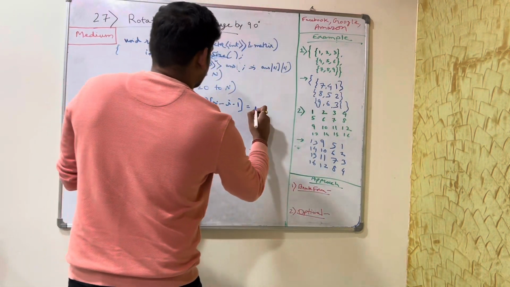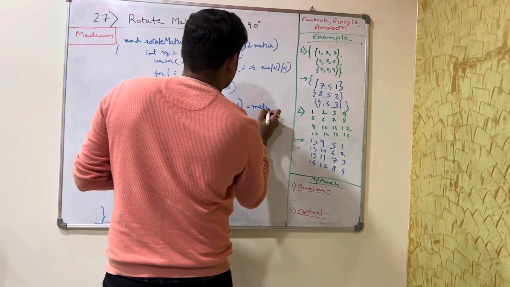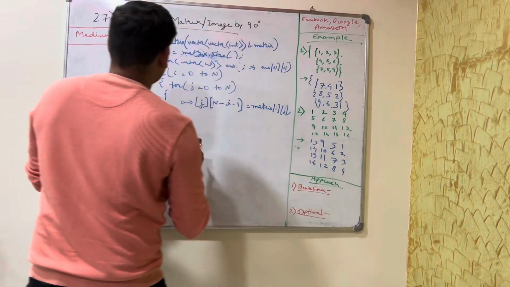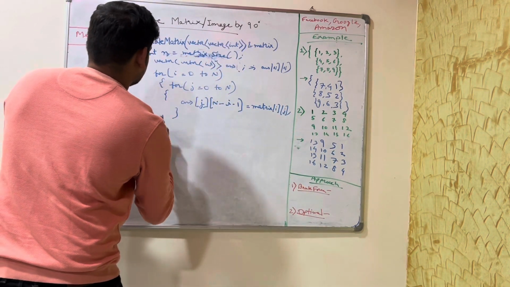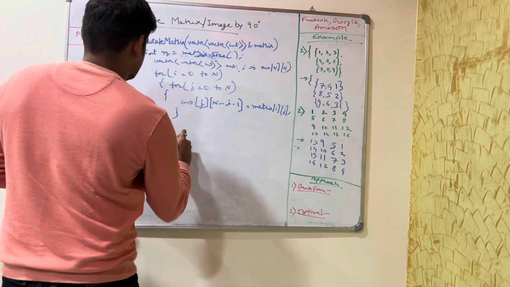What value will I assign there? The value matrix[i][j]. Then we close this.